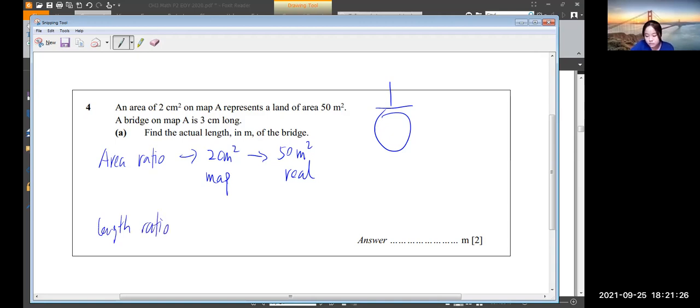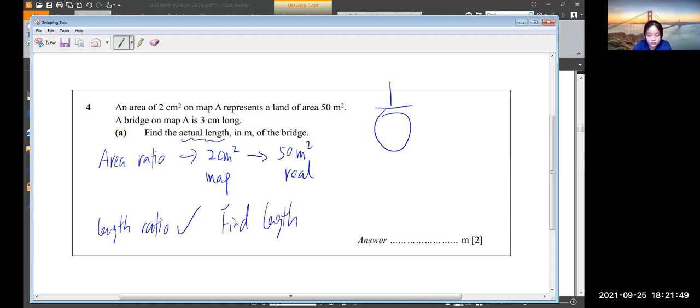Why do you need to find the length ratio? Because you want to find the actual length, because you are asked to find length. So if you want to find length, you need to make use of the length ratio. This is the objective: to find length, you need to find the length ratio.